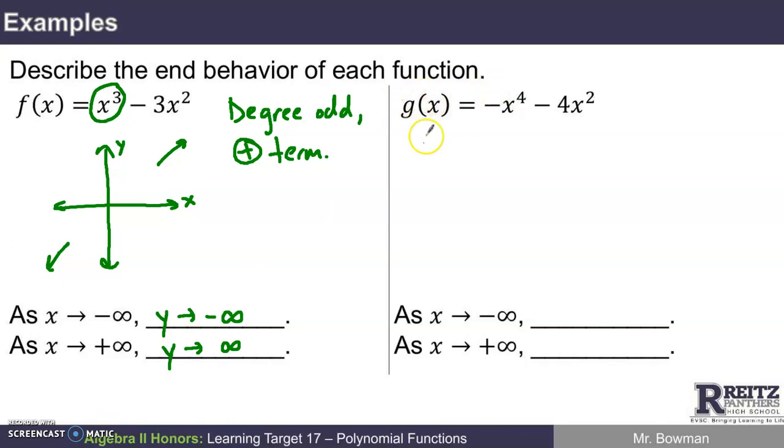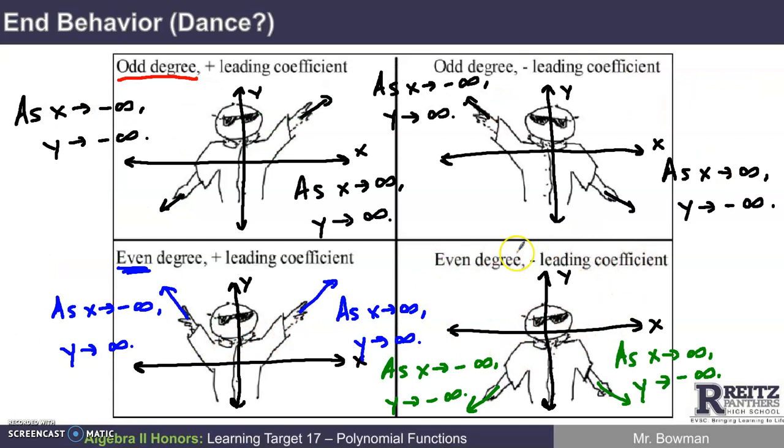Here's another example. g of x equals negative x to the fourth minus 4x squared. The term that has the biggest power of x in it is this one. Notice the importance of this negative sign. This is an even degree. The degree is 4. And the leading term is negative, a negative leading term. That's this move, an even degree with a negative leading term.